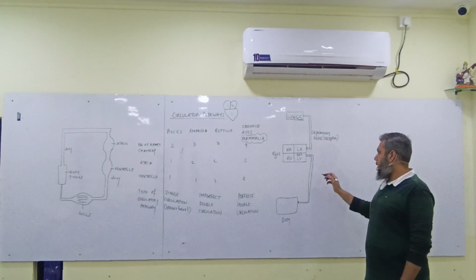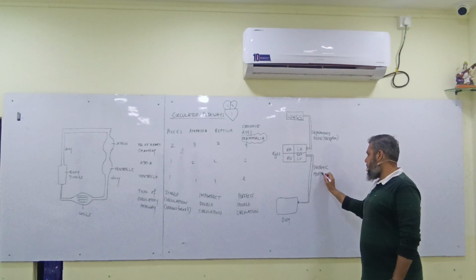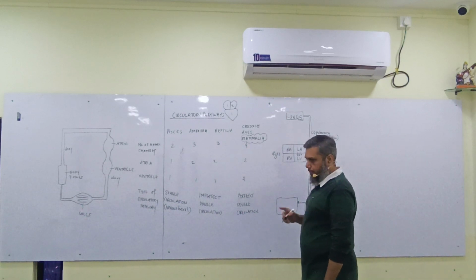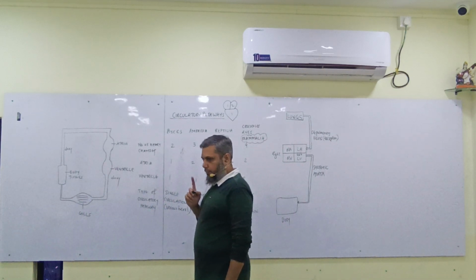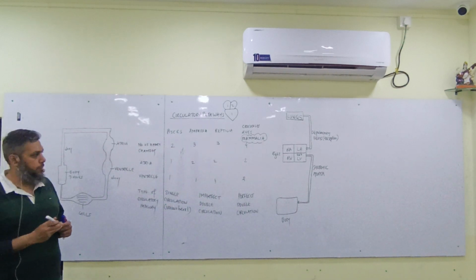Okay? And this is the major artery, the mother of all your arteries, which is called the systemic aorta, which carries the blood from the left ventricle to all the organs of your body.